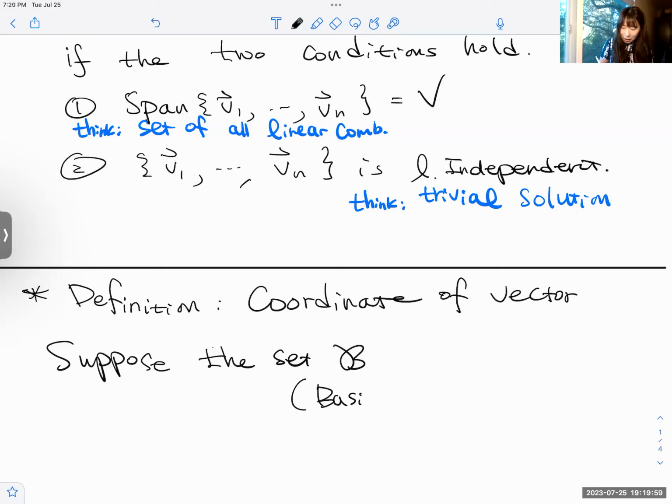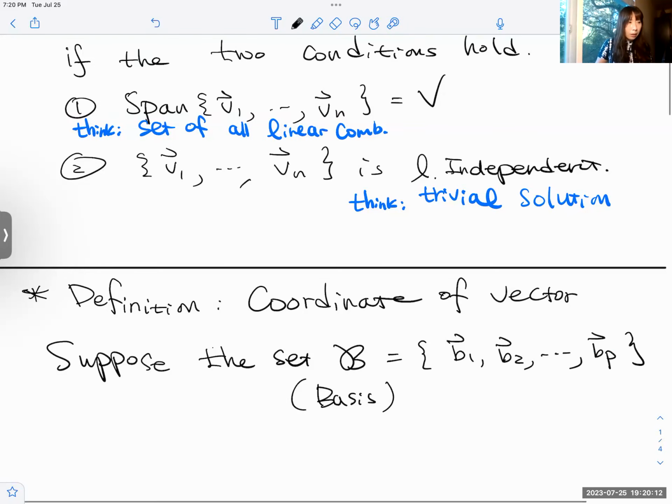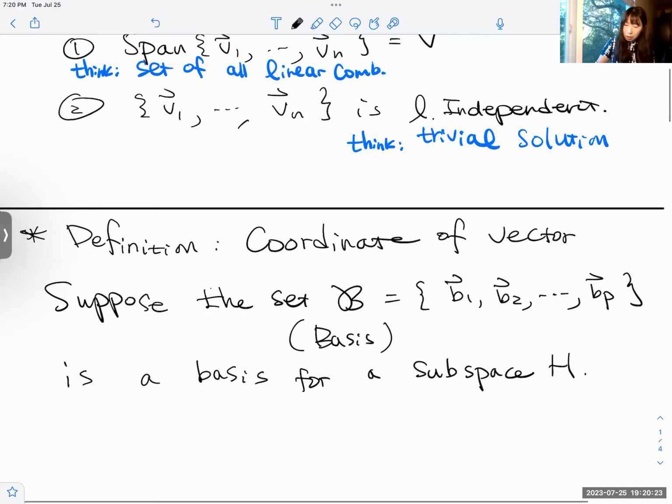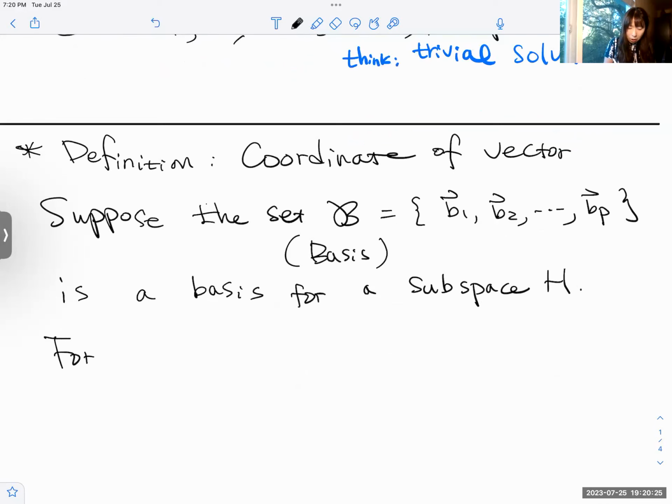We are using this notation for a basis. The set of vectors b1, b2, until bp is a basis for a subspace H.